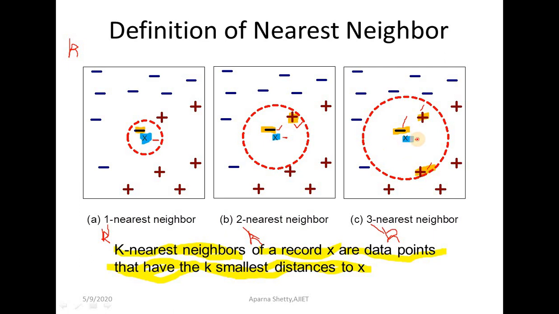So you will assign the class label plus, because the majority of the points have class label plus. So I hope it is understood how to assign the class label for the test data based on the nearest neighbors.